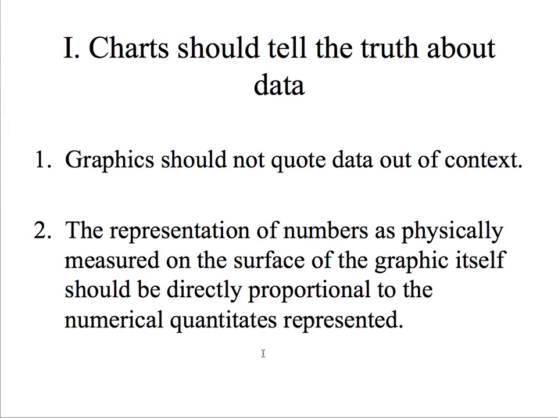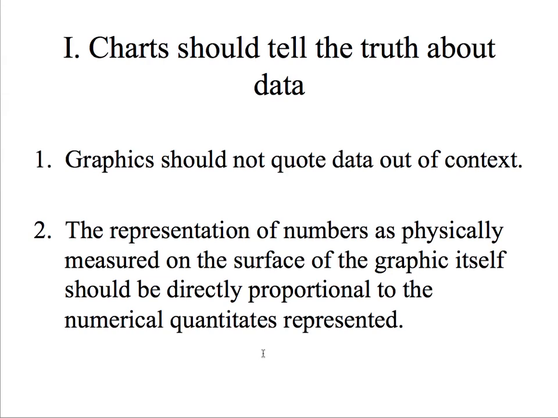That is also a way of taking the data out of context. And the second one is that the representation of the numbers as physically measured on the surface of the graphic itself should be directly proportional to the numerical quantities represented. Now this is easier to explain with an example, and we will do just that.